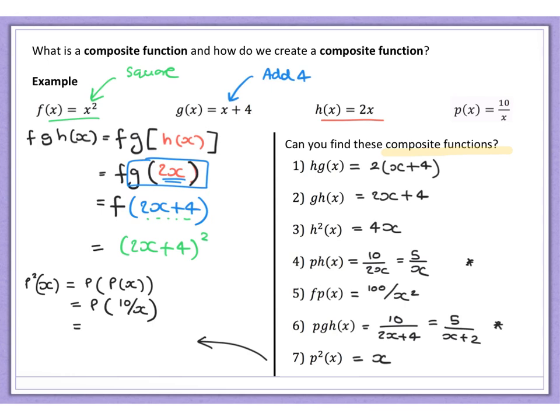And of course the input is this. So that means we have to do 10 divided by 10 over x, which is 10 over 1 multiplied by x over 10, which gives us an answer of x, just in case you weren't sure.